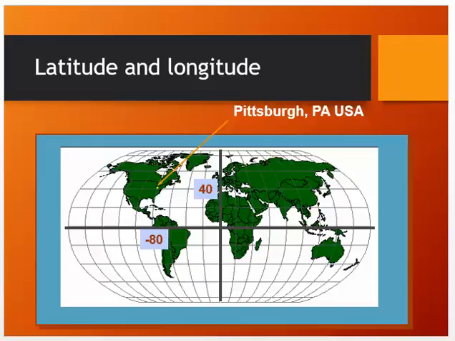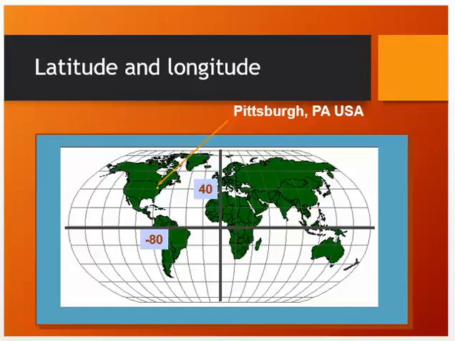So to measure latitude and longitude, latitude is measured north or south, and longitude is measured east and west. Also, if you measure west, those numbers are negative. So a measure of longitude can be from 0 to 180, or from 0 to negative 180, depending on what direction you're going around the globe.